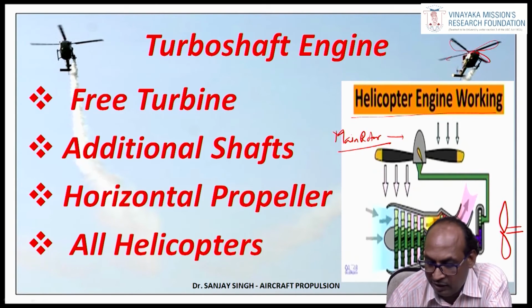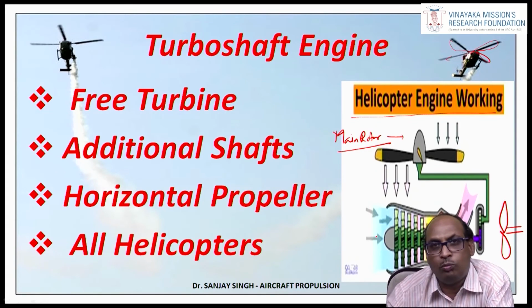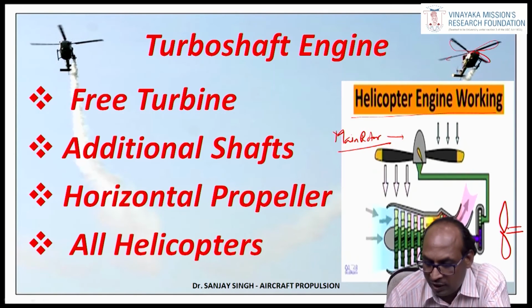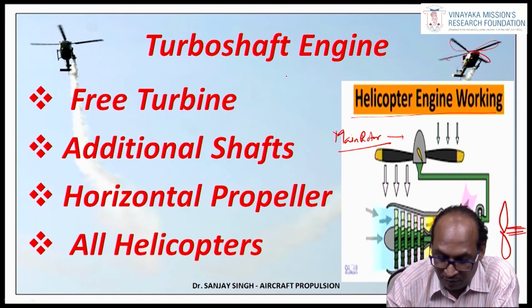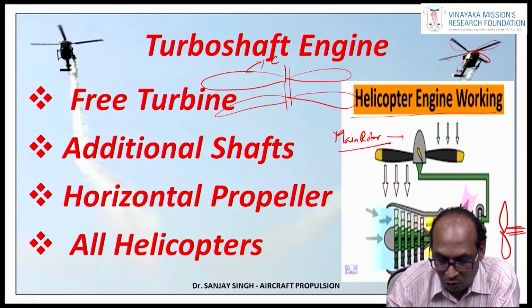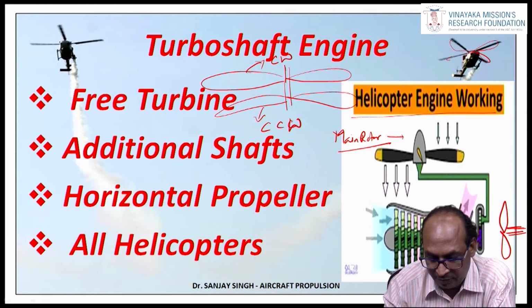If there is no tail rotor, when the main rotor starts rotating, it will make the helicopter have a circular motion continuously. In order to have that counter effect, we need another tail rotor. And nowadays, on the same shaft there will be one main rotor and another rotor, both moving in opposite directions. If one is moving clockwise, the other will be moving counterclockwise.